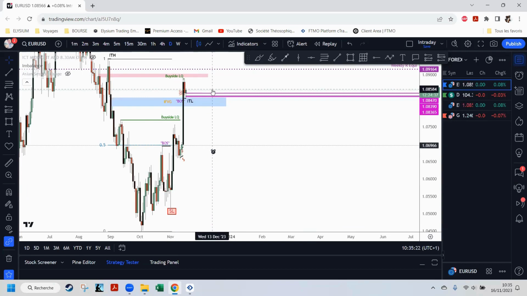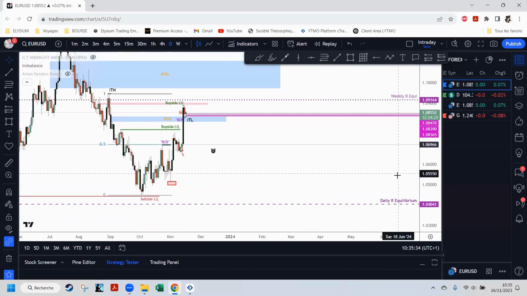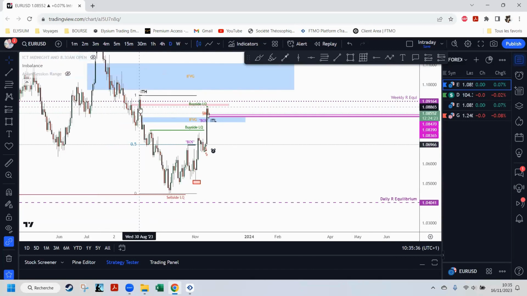So personally, even though I would like to sell, I won't sell right after this candle, okay? Probably there is another area here, or maybe, I don't know if it's right, but it can go higher into another inverted fair value gap.